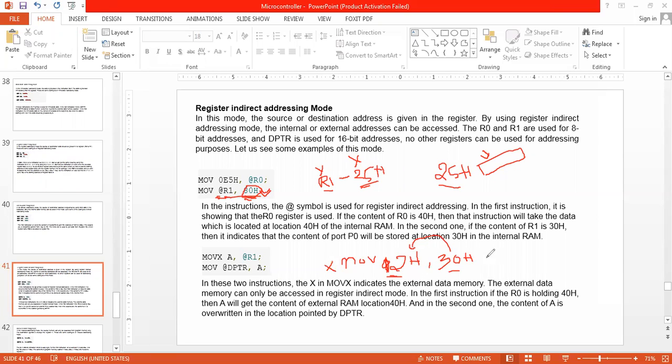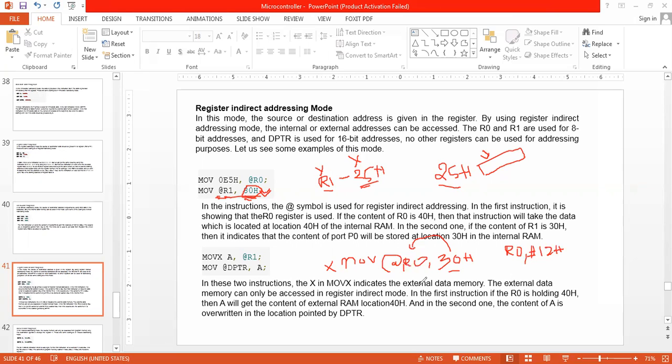Instead of that, what I can do is, first, move R0, comma hash 12H. Okay, move R0, comma hash 12H, and here instead of 12H, what I can write is at the rate of R0.